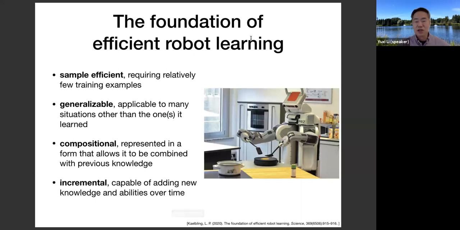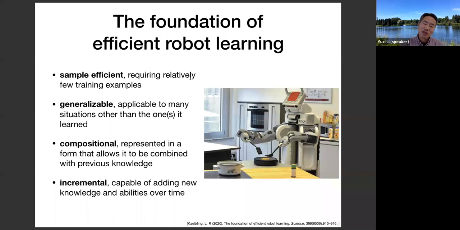And there are some people trying to understand this problem, for example from robot learning. If we can have a very capable robot, then we are closer and closer to AGI, artificial general intelligence.